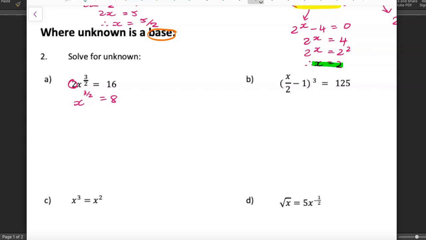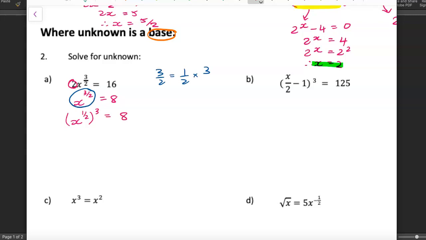Now we're going to use our power to a power index law, and we're going to break down this power of 3 on 2 into a half times 3. And I'm going to keep the half closest to the x, so x to the power of a half, all to the power of 3 equals 8.